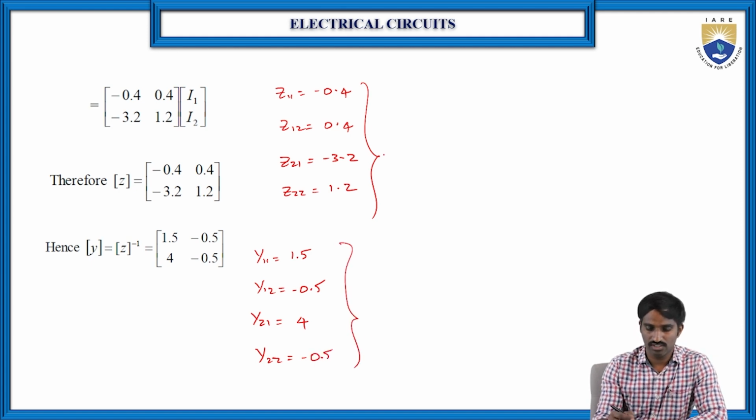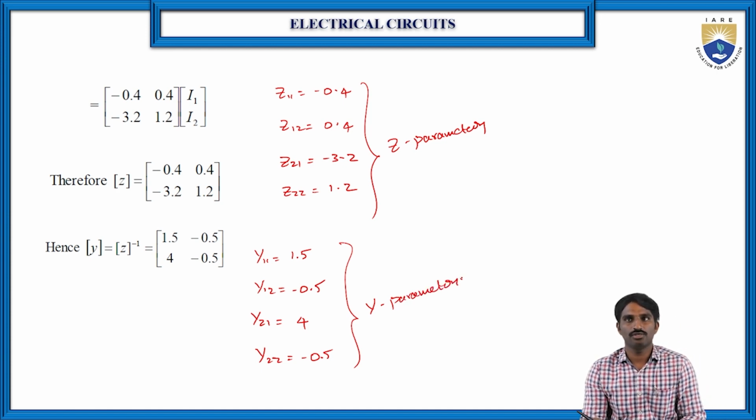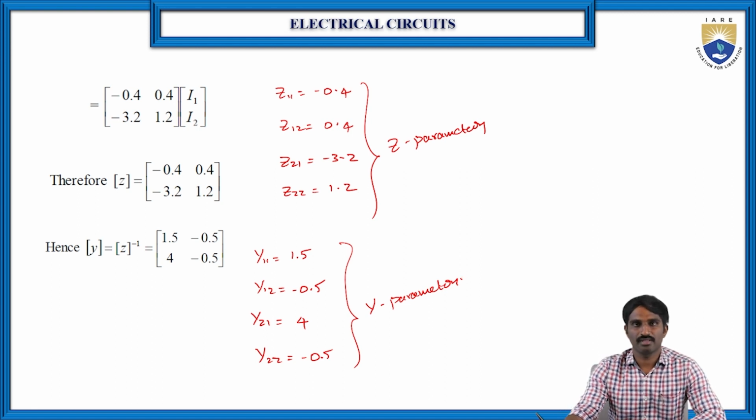So these are the z parameters and these are the y parameters, right? This is how we can find the various parameters by applying the interrelation between them.